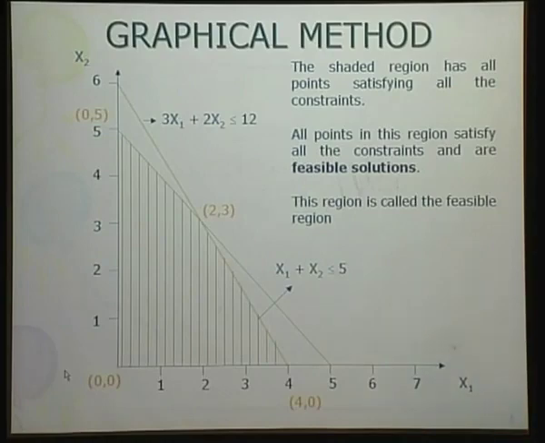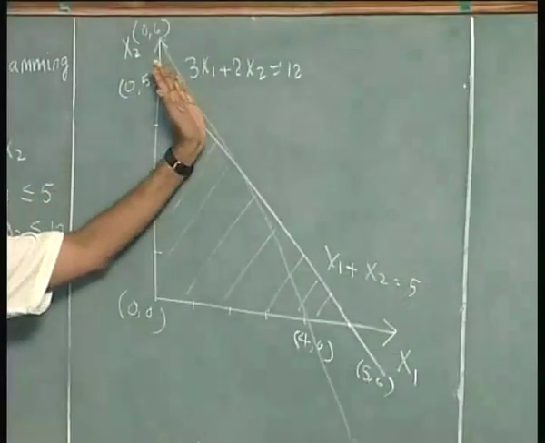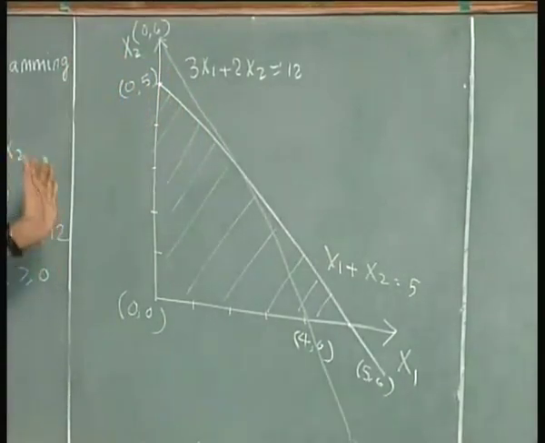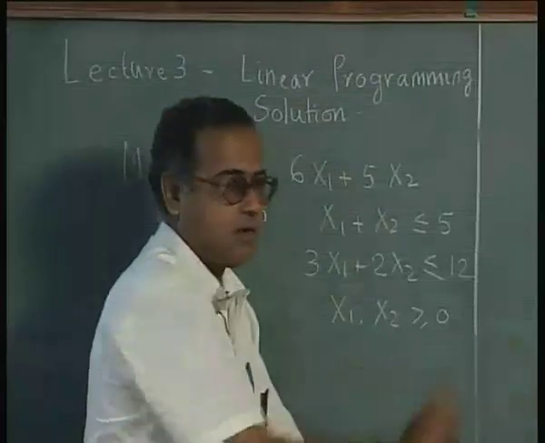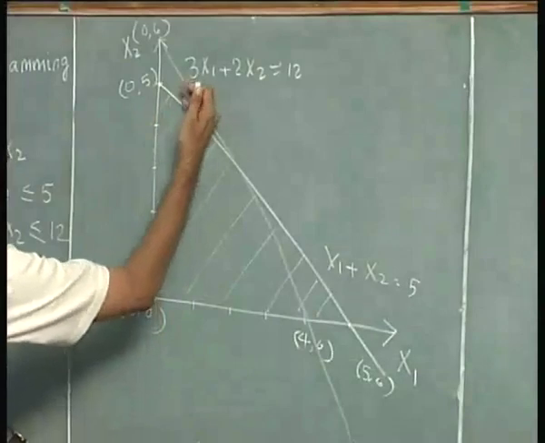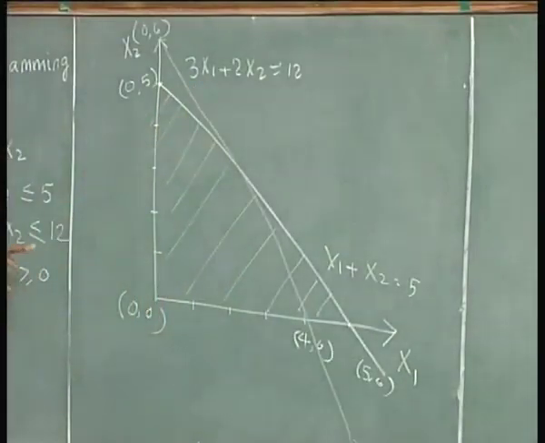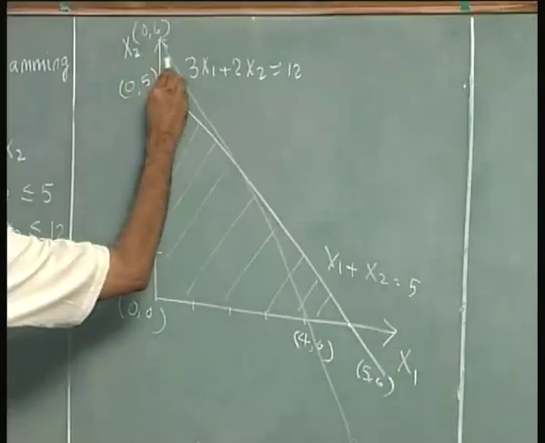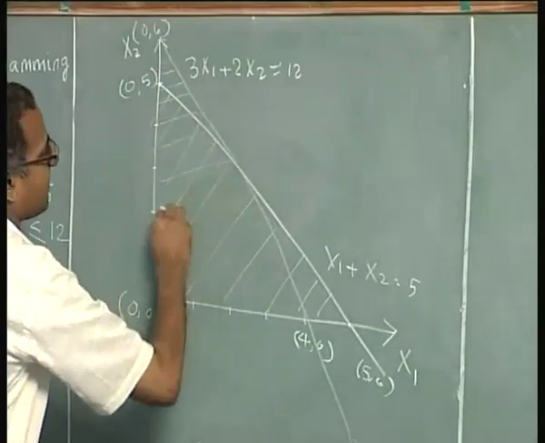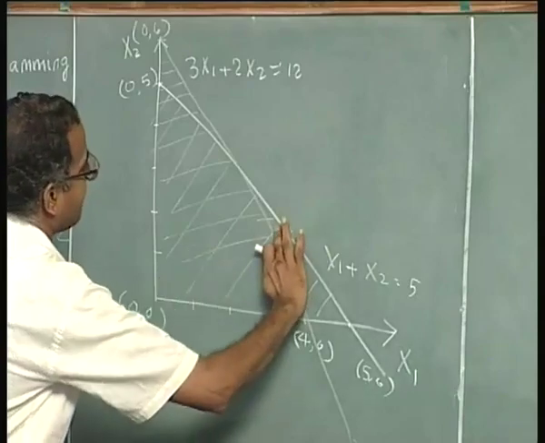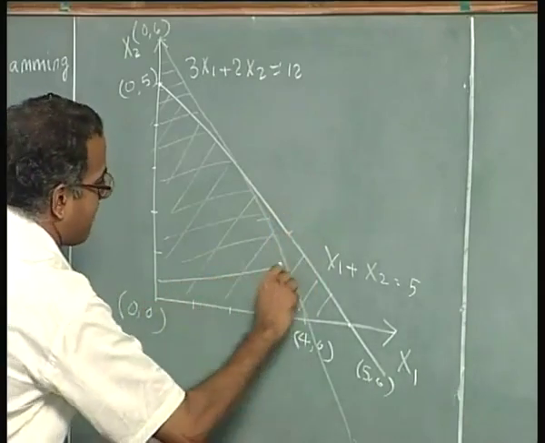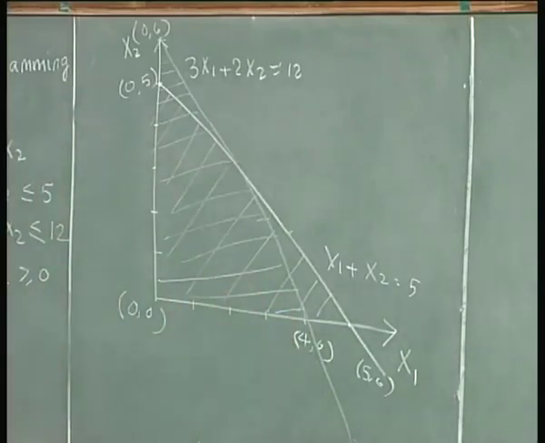Again this line divides the first quadrant into 2 regions, one which is less than or equal to and the other greater than or equal to. So, once again we evaluate 3x1 plus 2x2 at 0 comma 0 and realize that this is the portion that is to the left of it, which is less than or equal to 12. So, this is the region which is 3x1 plus 2x2 less than or equal to 12.